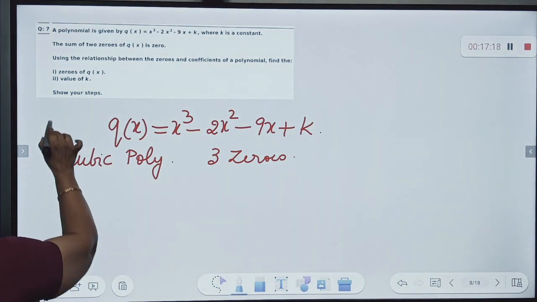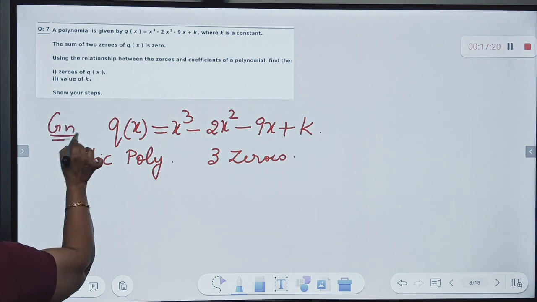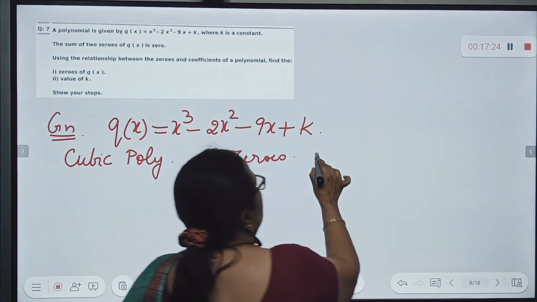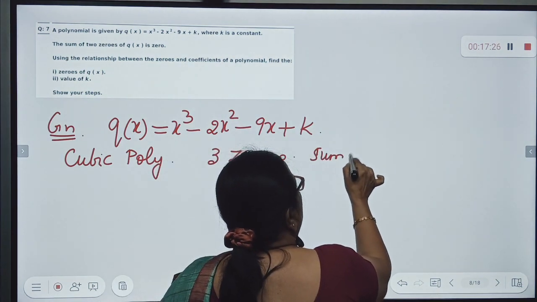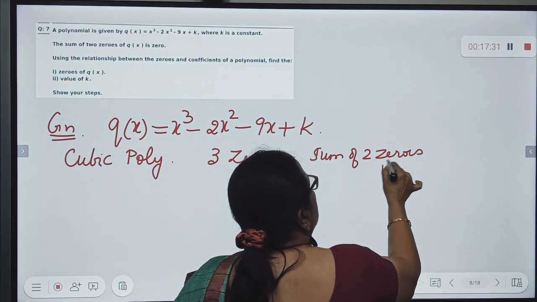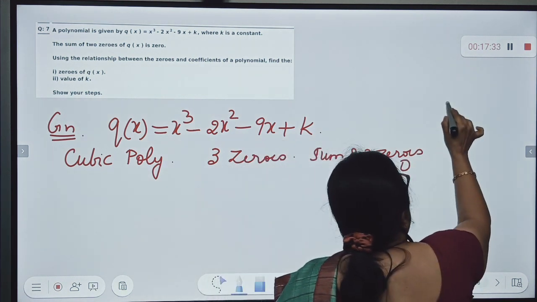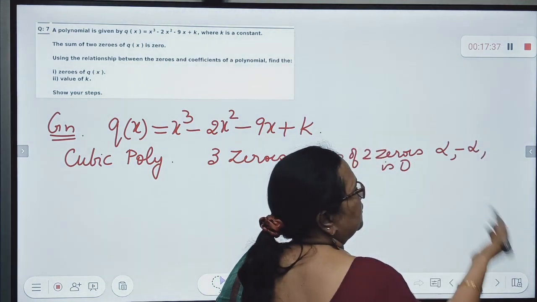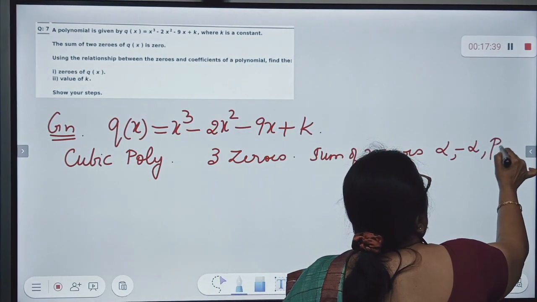Now what else is given? The sum of two zeros is 0. So let the roots be, if one is alpha, the other one will be minus alpha, because alpha minus alpha is 0. The third one I will keep as beta.